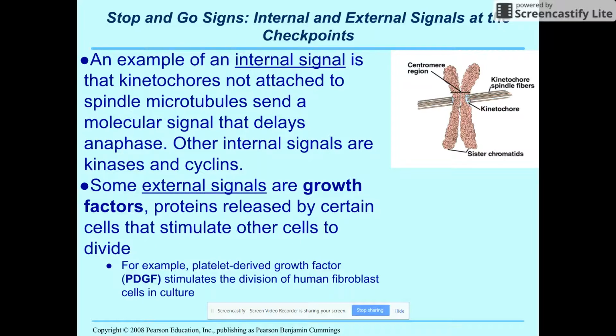These are usually proteins that are released either by glands or other cells that trigger cells to divide. One example we're going to see in the next slide is called PDGF, or platelet-derived growth factor. Fun fact, there's another one called sonic hedgehog that's released during embryonic development, and it helps trigger cell division as we start to develop our neural system.